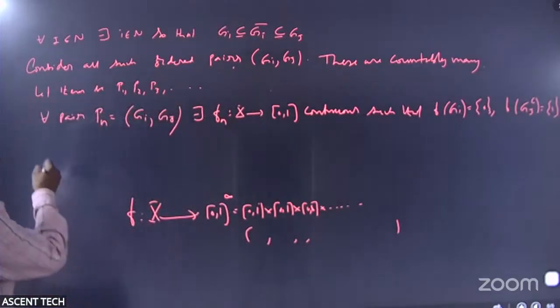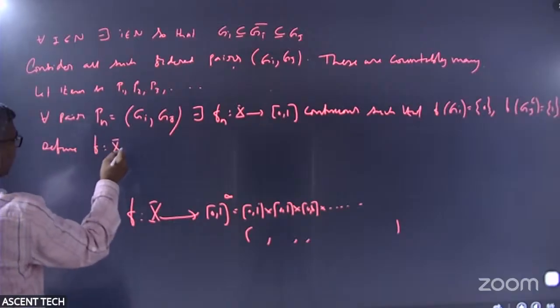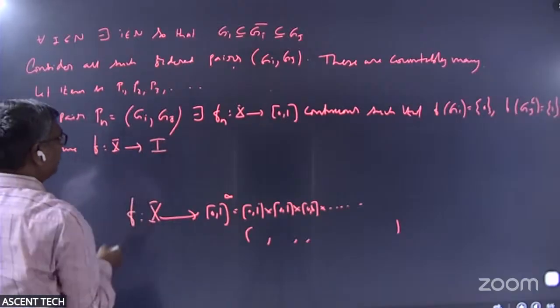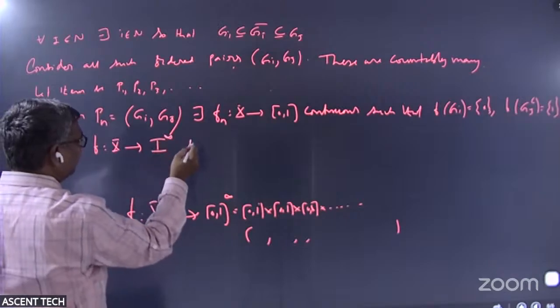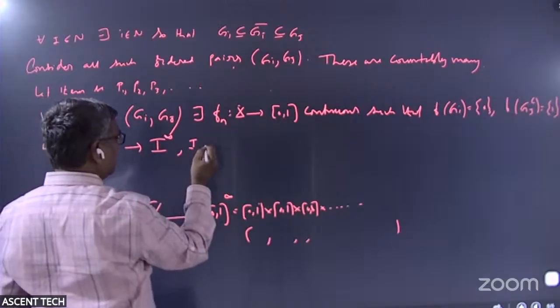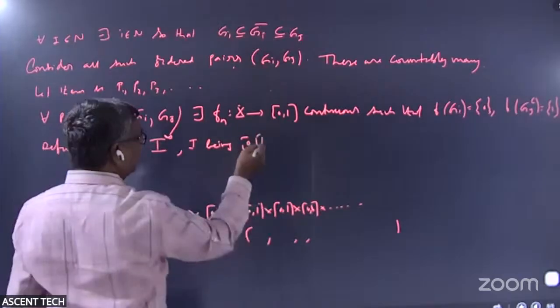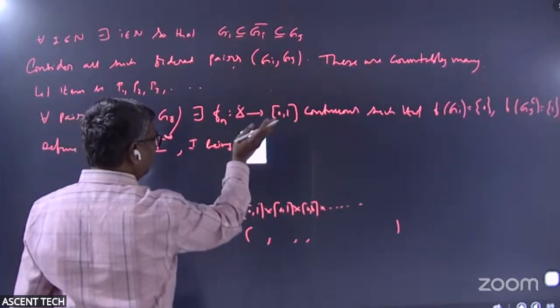And so define F from X to I to the infinity, I being 0 to 1. I can actually take I to be R; it's not important for us.